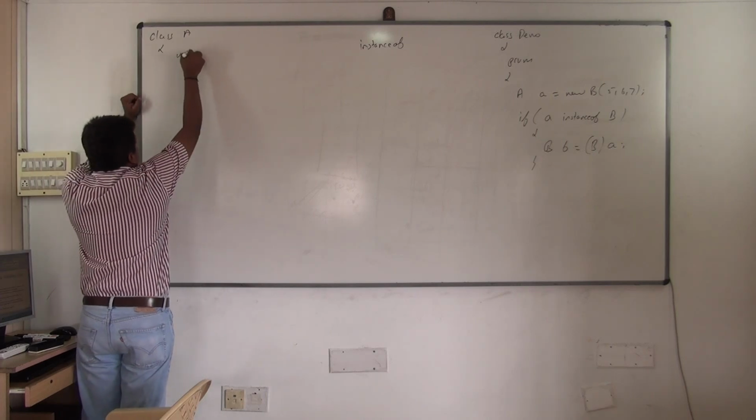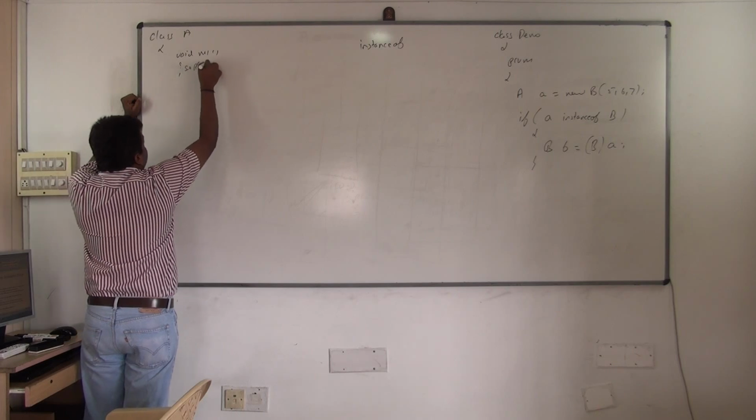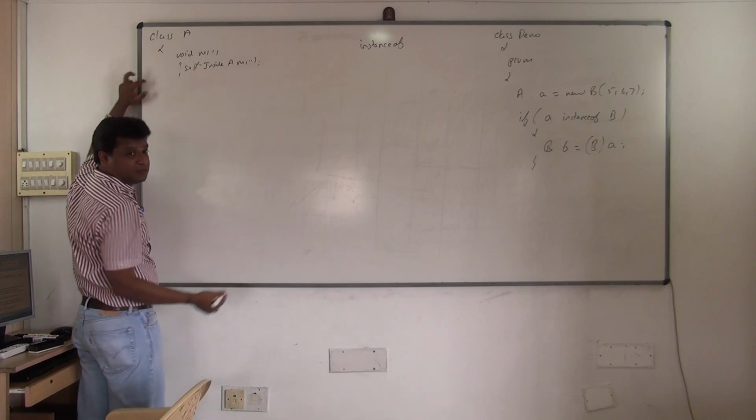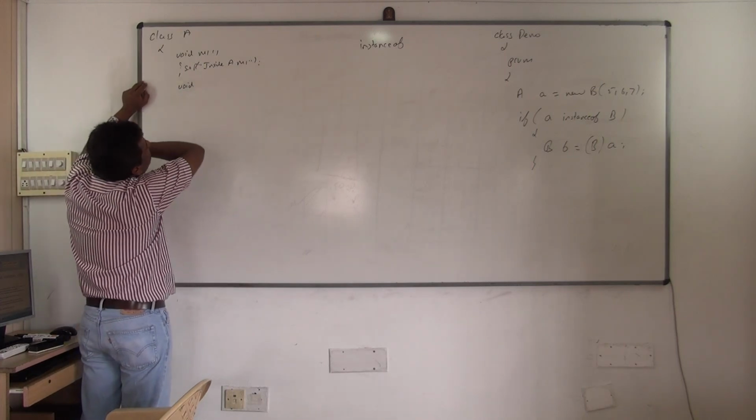Class A, M1, now this is the example. You take down this example for instance. I'll give a better one. Void M1.